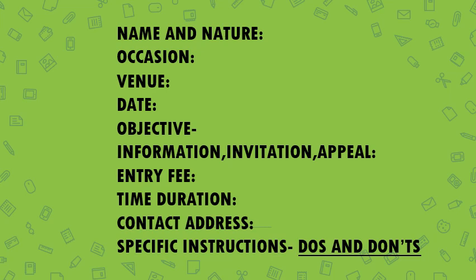You can specify the entry fees, or is it free or is it a paid entry. The duration, what will be the duration of the entire function. Then you can specify the contact address, specific instructions, do's and don'ts, if any such instruction that needs to be specified in the notice.